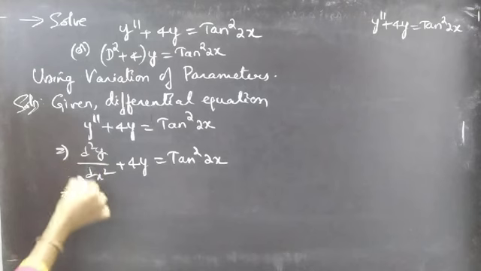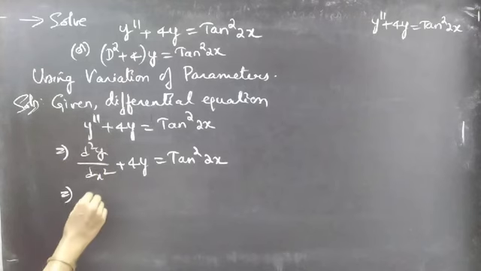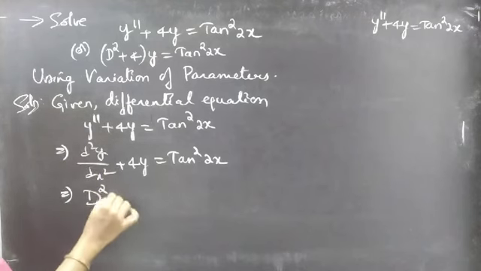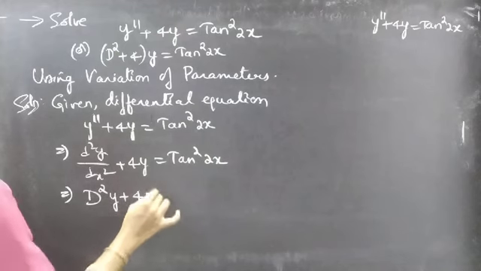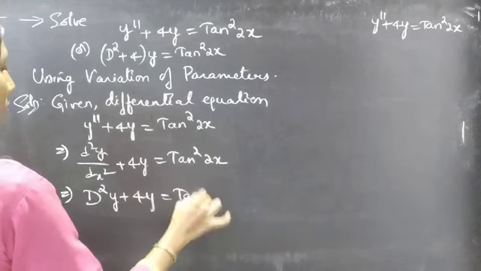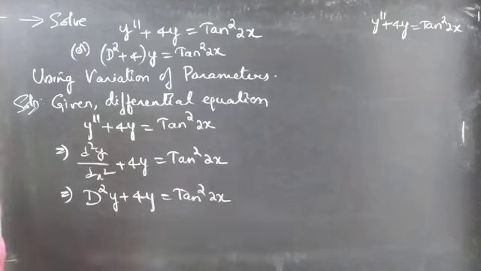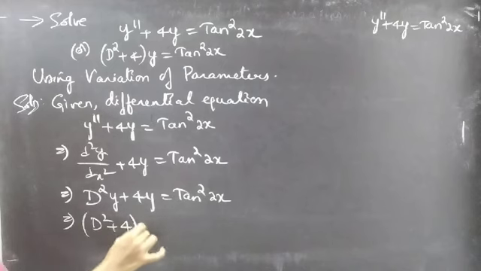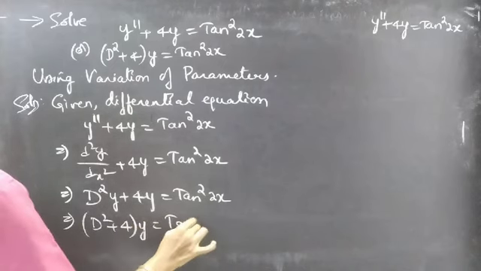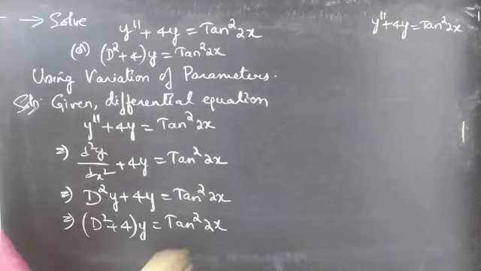Now we can write d square y by dx square in operator form, capital D square y plus 4y equal to tan square 2x. Now take y common from these two terms, we get D square plus 4 into y equal to tan square 2x, which is in operator form.